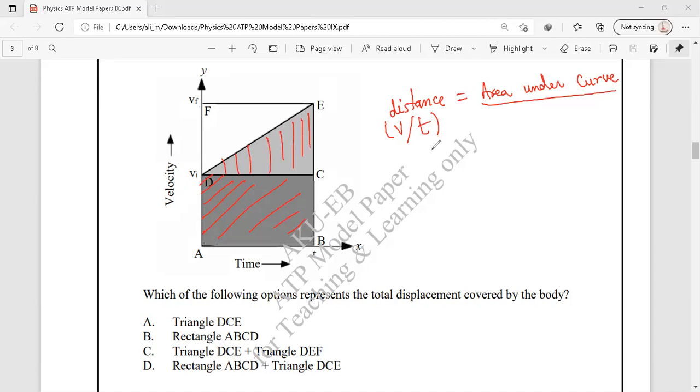So the total distance covered by the body is the area of triangle plus the area of rectangle. So the correct answer will be triangle DCE plus the rectangle ABCD. Option D is the right answer.